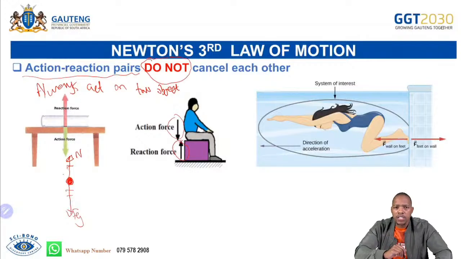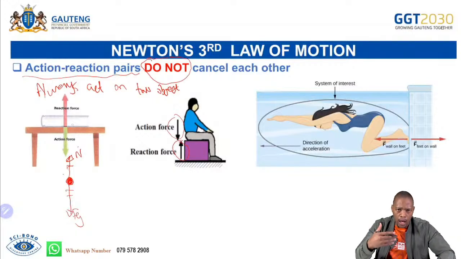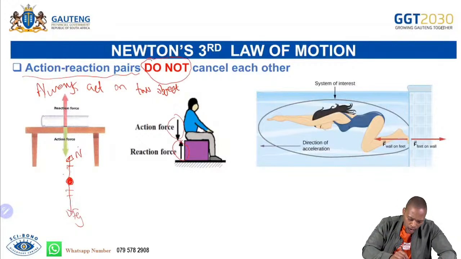If we want to consider the force of gravity, we would say force of gravity on the book and then book on the earth. Because if you remember, the force of gravity is the force that is exerted by the earth on an object. So if I wanted to see the reaction force of the normal force, I would call the normal force the force exerted by the table on the book.